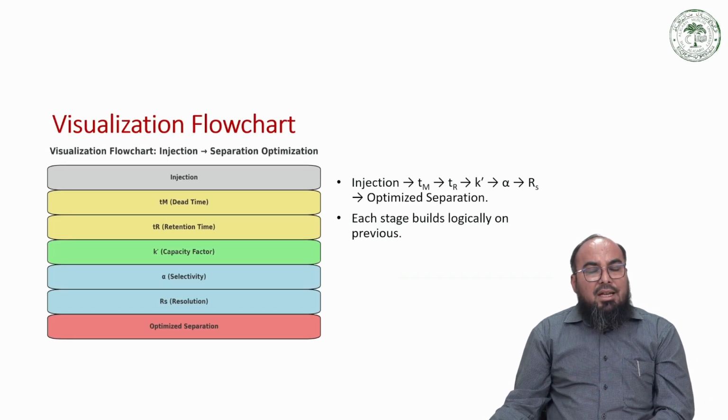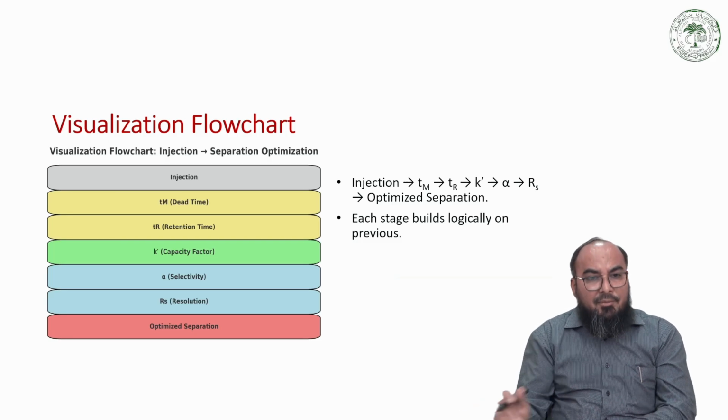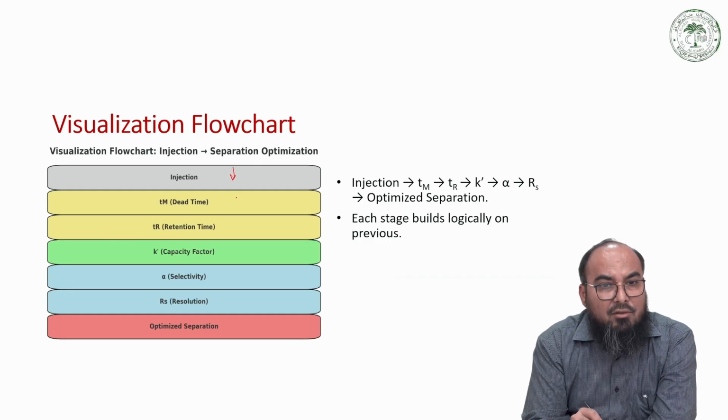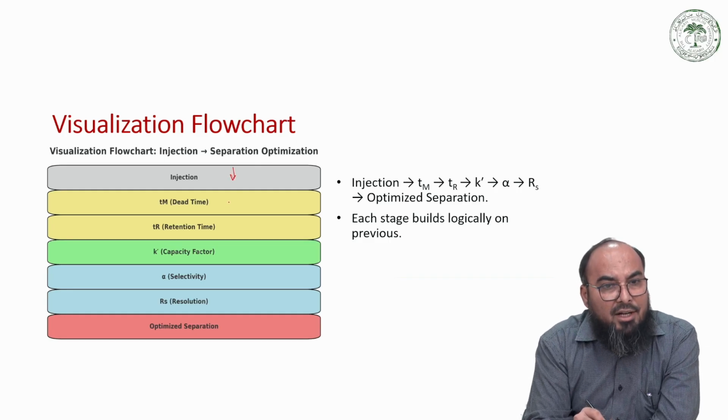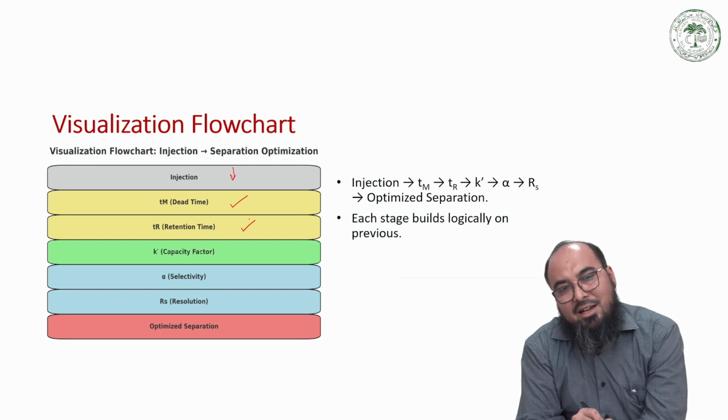So in the end, let us summarize what we have studied. Initially, we have to inject our sample. Then there's a dead time or void time, that is the time taken by the mobile phase alone to elute from the column. It is given by dead time. Then the retention time, that is the time taken by the solute along with the mobile phase, called TR.